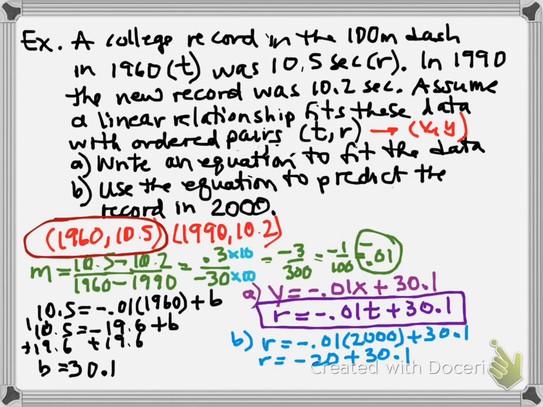All right, what's negative 20 plus 30.1? It's going to give you 10.1. So the prediction of what the record was going to be in 2000 would be 10.1 seconds.